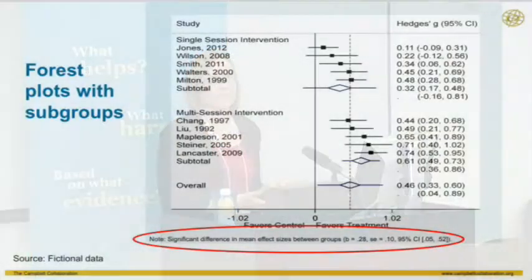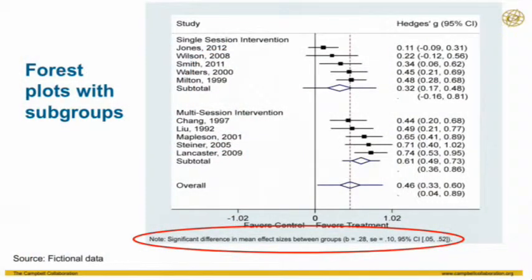If you do compare them, I would say to indicate, at least in a footnote, the basic information. Here I gave an example: if you used a meta-regression model with a dummy variable for treatment length, you might report that regression coefficient with the confidence interval indicating whether it was significant. It could also be a Q-between test from an ANOVA model to test for the moderator. If you do that test for moderation, I think you should include that in a footnote.